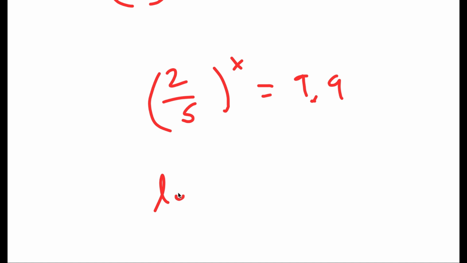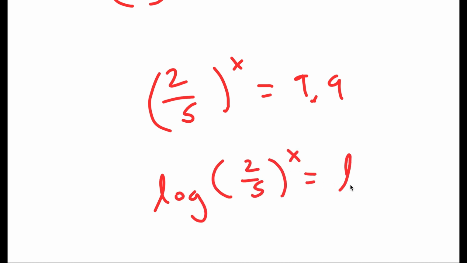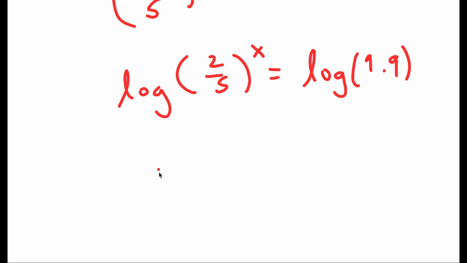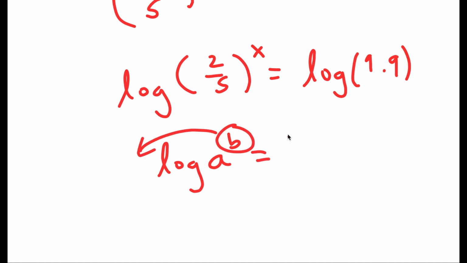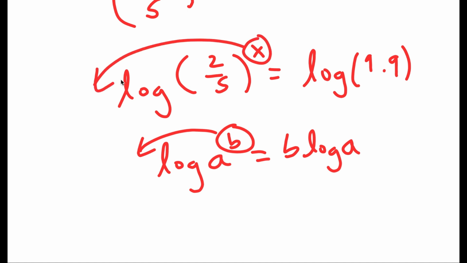And now to solve this, I'm going to take the log on both sides. And if I have something in the form log a to the power of b, I can move this exponent of b to the front. So this turns into b times log a. In this case, I can move the x over here to the front.